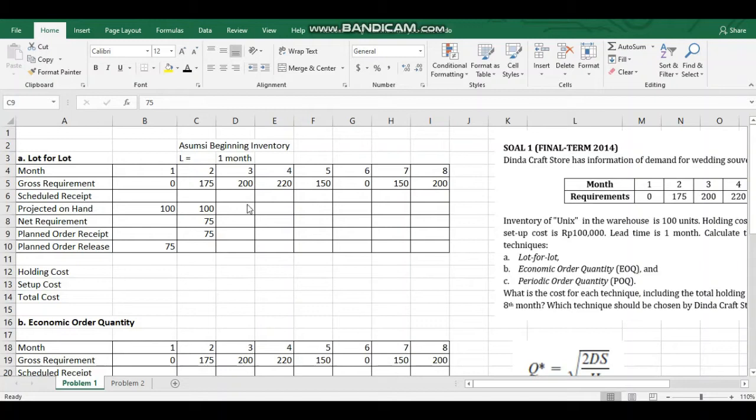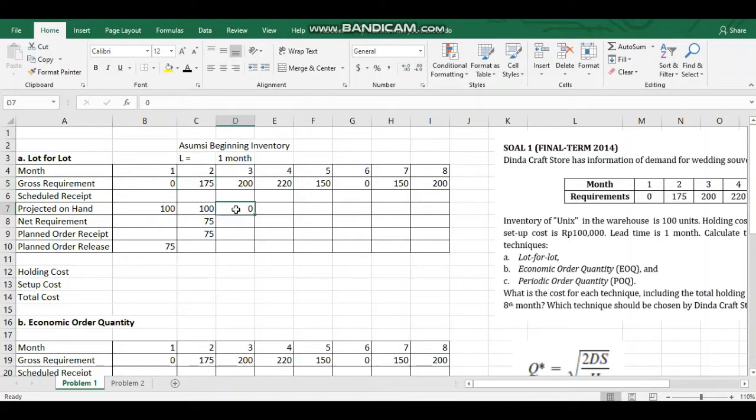Okay, next to the third month. Here the requirement for the third month is 200 units, while we have no inventory, right? Because our inventory or projected on hand had already been used in the second month to fulfill the requirement.